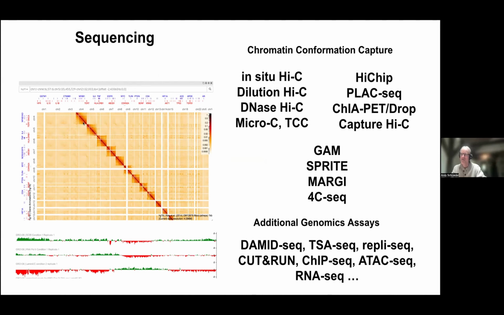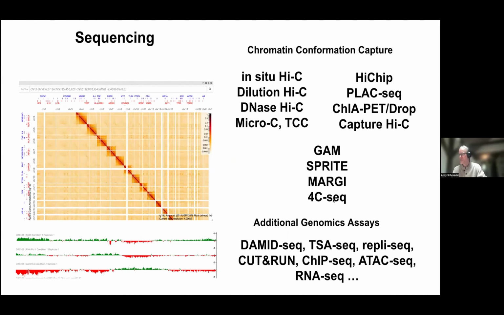So you see this line on the diagonal. But then the interesting things are these contacts where regions, maybe not even on the same chromosome or within the chromosome, are contacting regions that are far away.